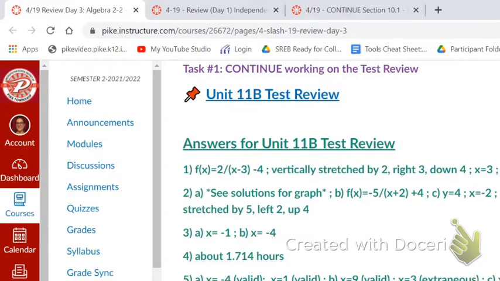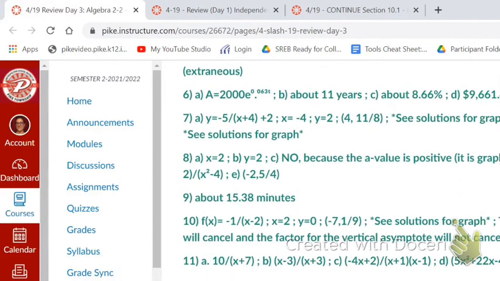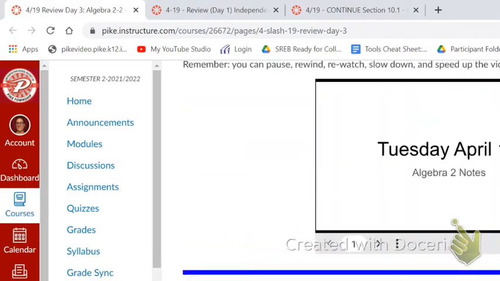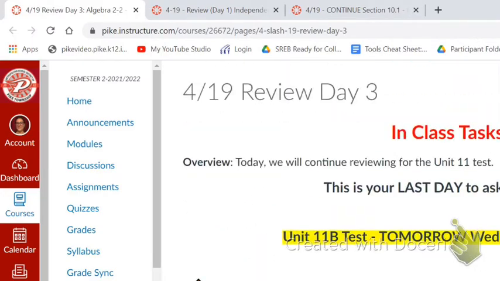And underneath the answers, there's a link for all my work. It's in PDF form, so you can open it up on your phone, on an iPad, or on a computer. It's still going to look the same. So that's where all of the answers are.